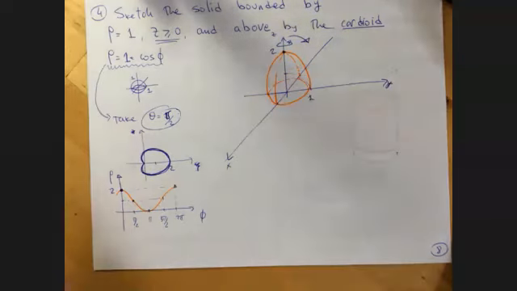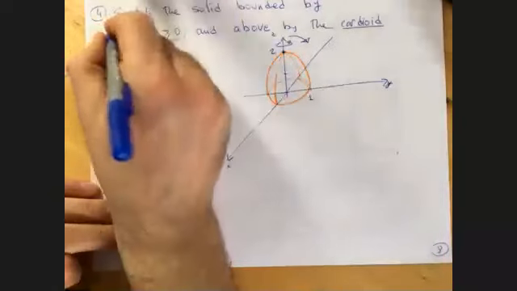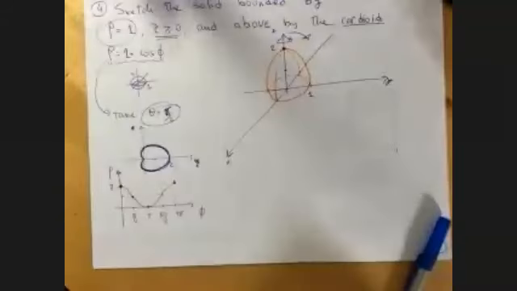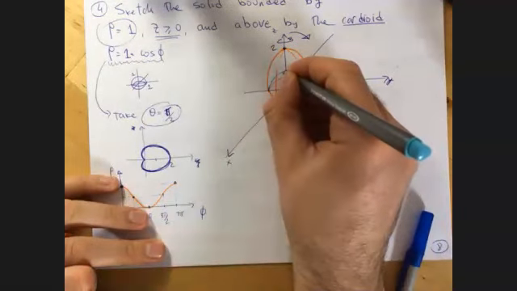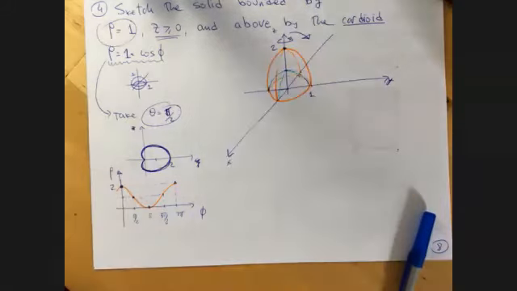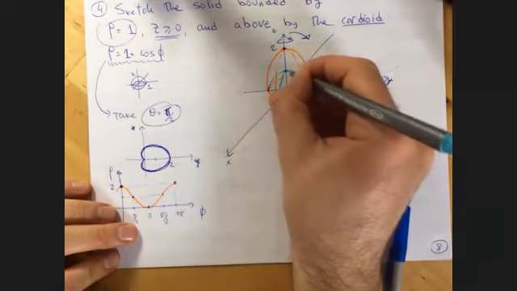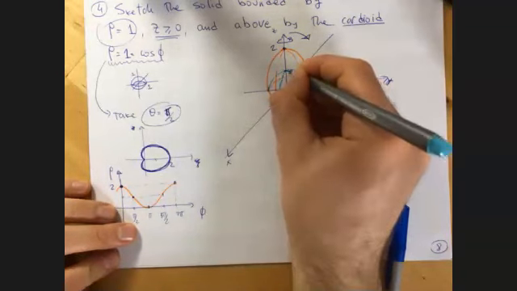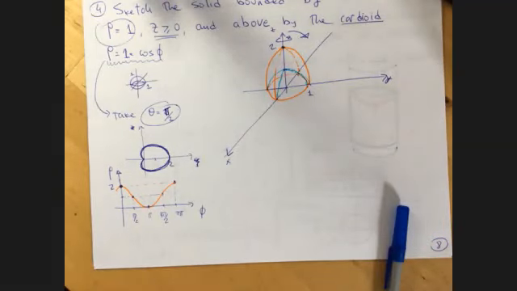But on the other hand, that's the cardioid. On the other hand, I have rho is equal to 1, so I get this solid. Okay, so the solid is the interior of this that's represented here. Any questions?